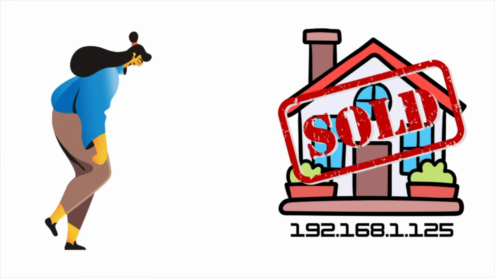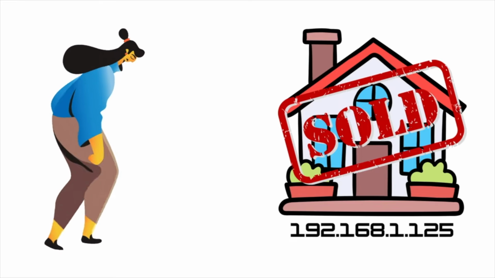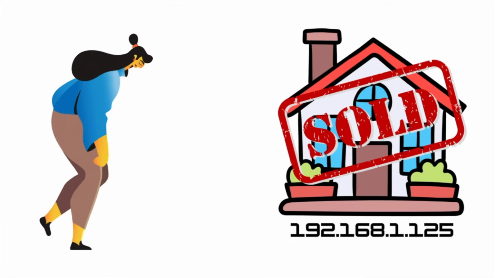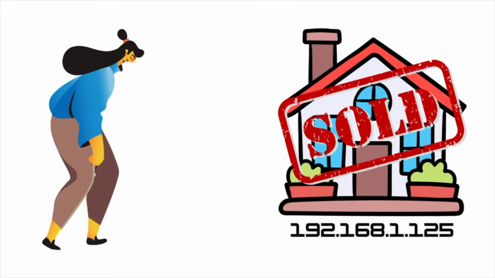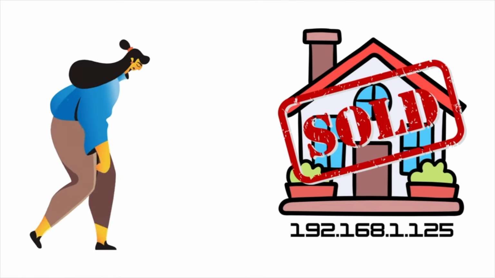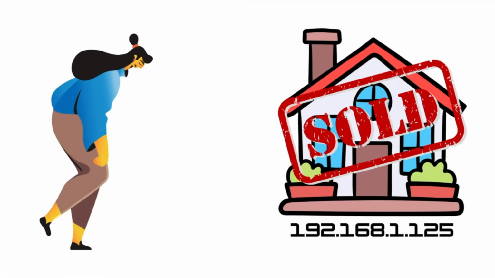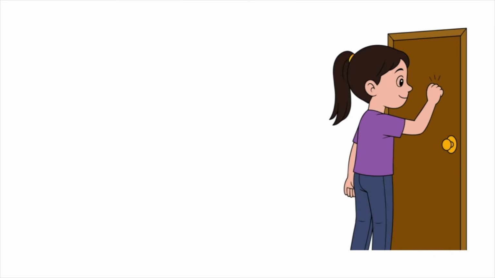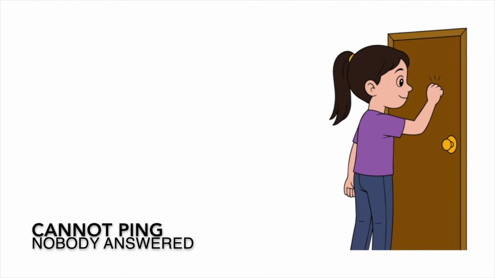Now that Linda lives in this house, we come across a few things that say on our Falcon Player that we cannot ping a certain address, or it's asking you to ping another address. So basically, to ping an address means you're going to go up and you're going to knock on Linda's door and see if she is home. If she's not home, we're going to come back and say, hey, Linda's not at home. We can't ping her. We can't get a hold of her.